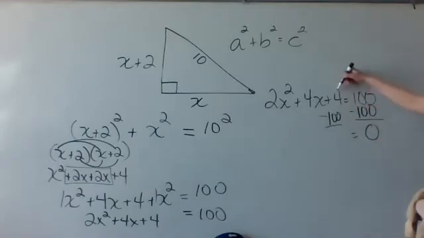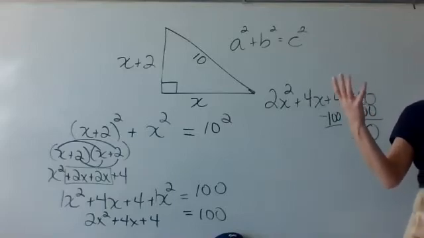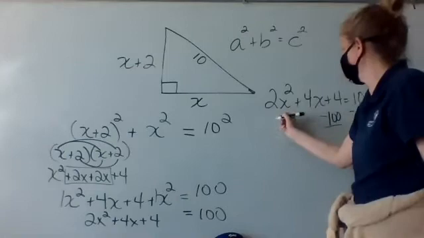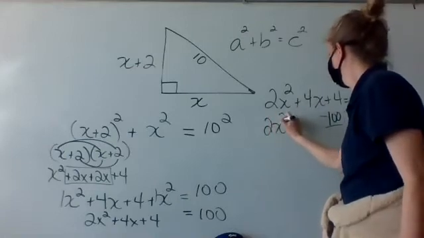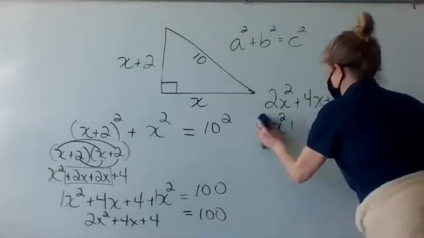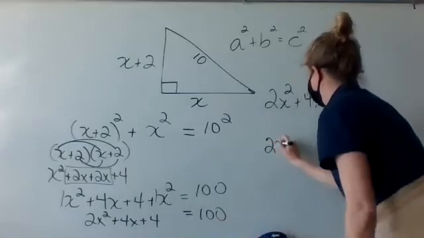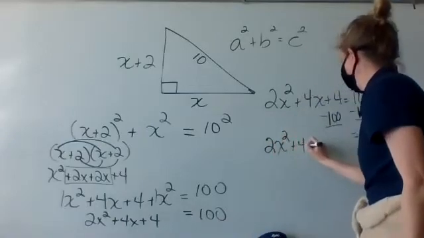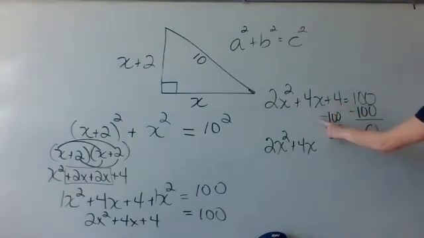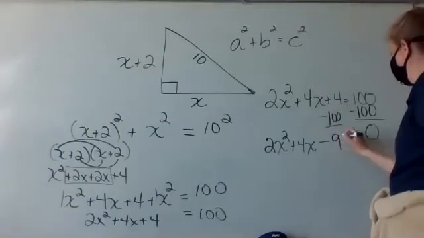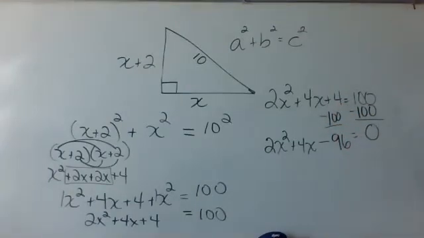I put the minus 100 underneath the 4, because that's the term that it's going with, right? It's like terms. So let's see, I've got 2x squared plus 4x. Then I have 4 minus 100, which will give me negative 96.